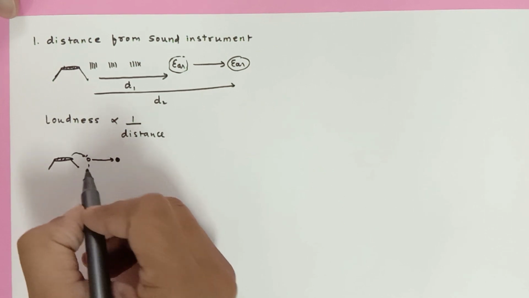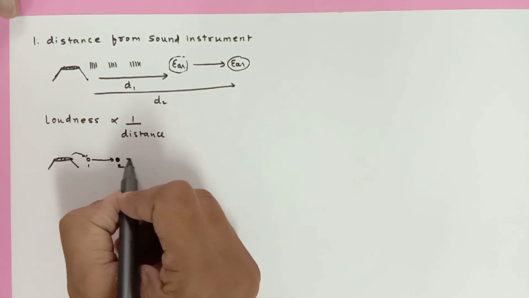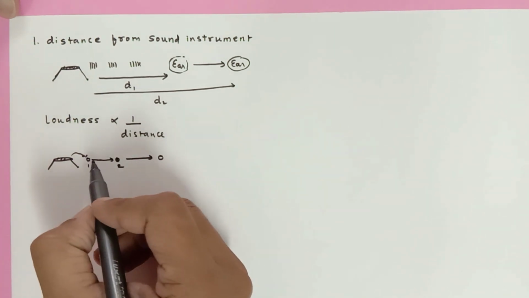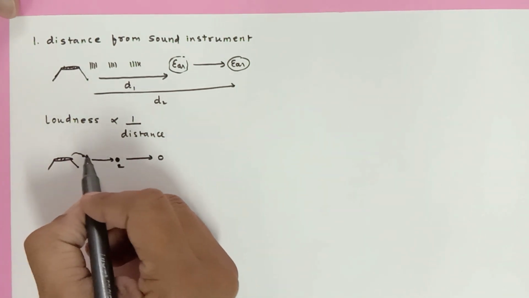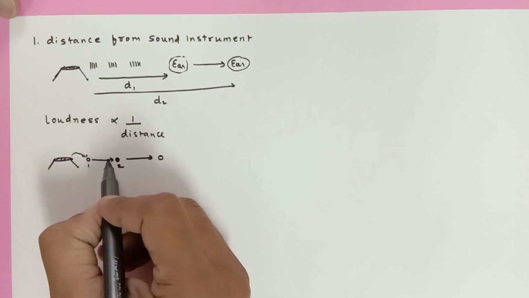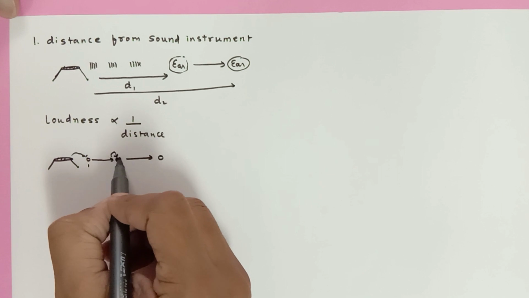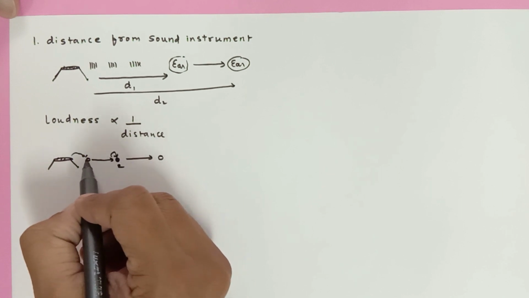So this is particle number 1, let's say particle number 2, then some distance apart there is particle number 3. So particle number 1 is going to absorb the sound first, then move in this direction, collide, transfer energy, and again come back.